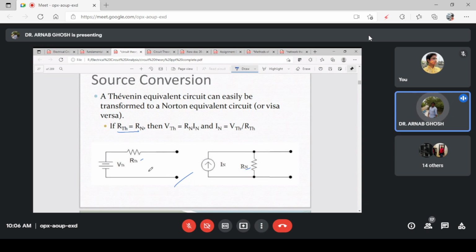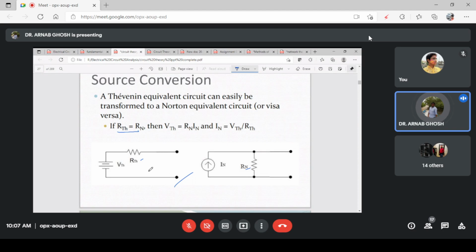Why equal in value? Because this is just a source conversion. The Thevenin's voltage is converted to Norton's current by IN equals VTH by RTH, or the Norton's current is converted into the Thevenin's voltage by IN multiplied by RN. So this is the duality nature of Thevenin's and Norton's theorems.